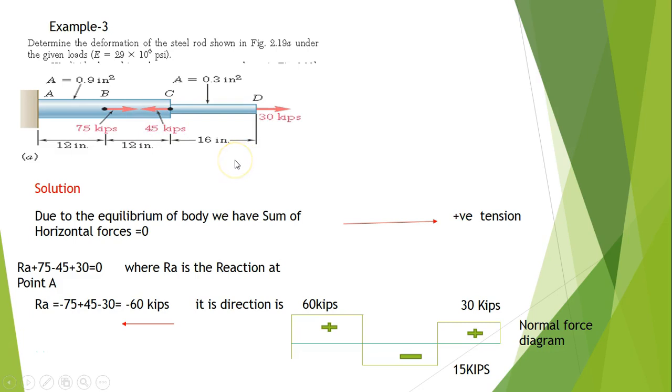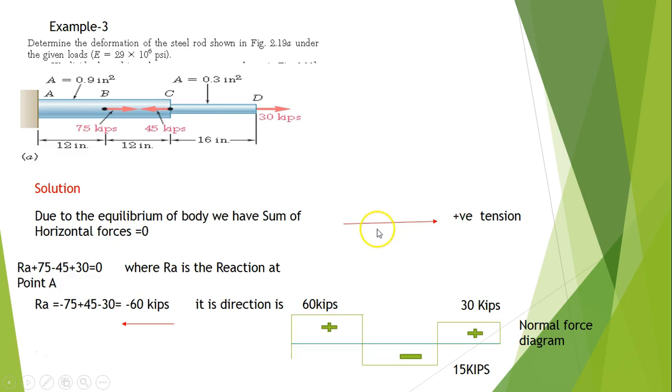In order to estimate the deformation, we need to first draw the tension or normal force diagram. How can we draw this normal force diagram? This composite bar is fixed at the end at part A. So our first step, based on the equilibrium of the forces, is to get the reaction at A, bearing in mind that the summation of the forces in the x direction is equal to 0.